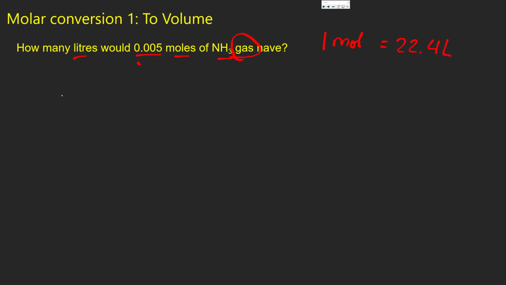Given this example, we're going to start off with 0.005 moles and do our conversion. We're going to have the times division bar, and we're trying to get rid of the moles, so we're going to put moles at the bottom, and then liters at the top because liters is what we want. Our new conversion factor is 22.4 liters for 1 mole, so we can cancel out the moles and get this number.